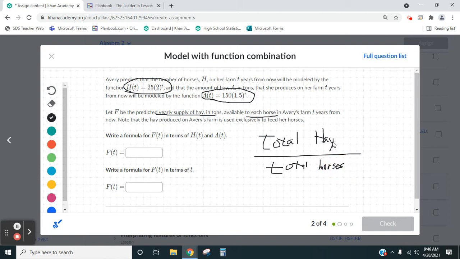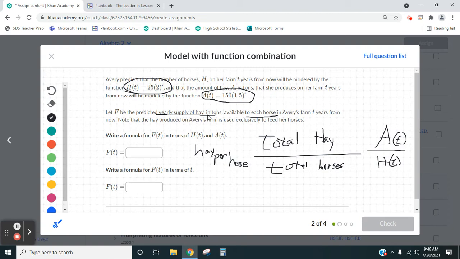Okay. So what is hay? What letter? A. And what is the total horses? H. So the way that I like to say this one is hay per horse. We tend to speak in that kind of language, right? Hay per horse. So let's set it up here.